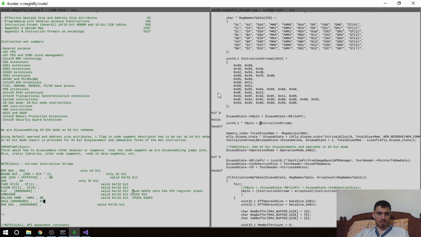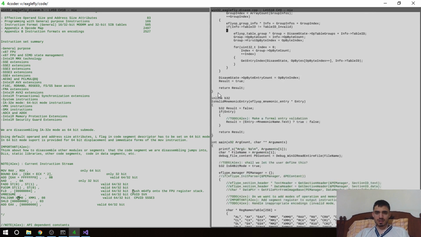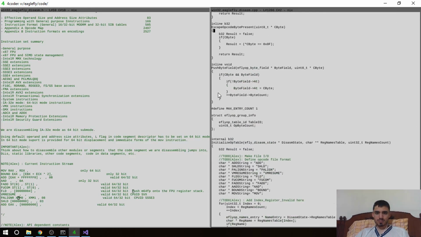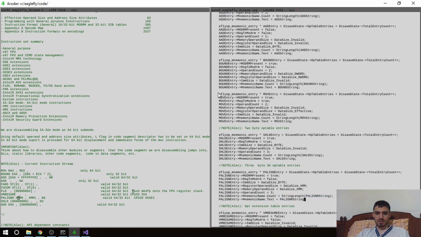And we are just missing the shift left double. This is P-align R, so let me change that to R. And here, where is the P-align? This is P-align R, P-align. This can be the same, I guess.